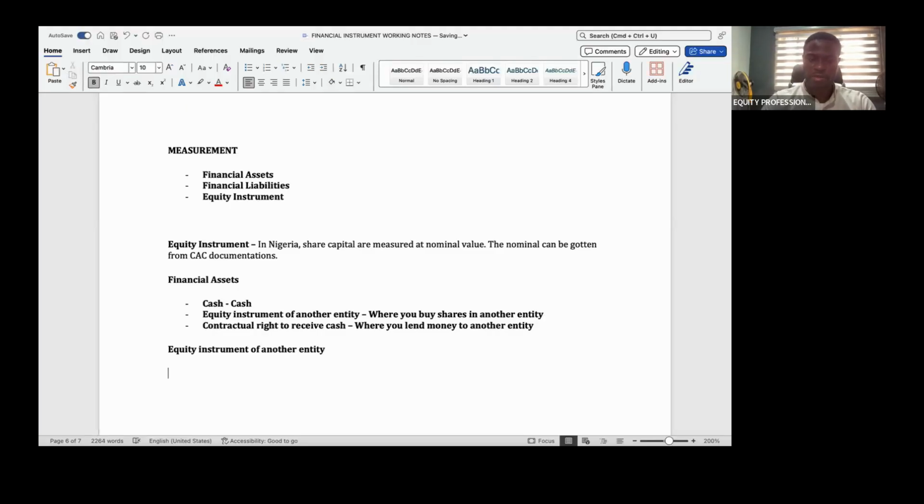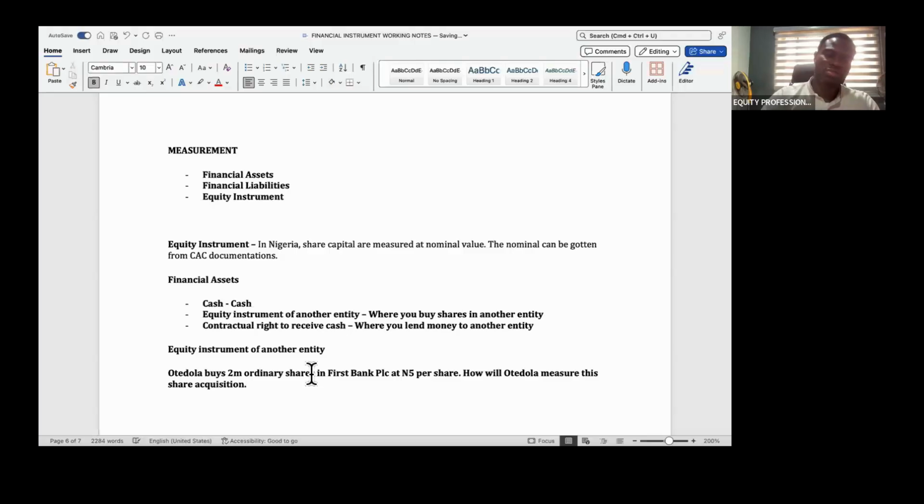So let me use a scenario. Otedola buys 2 million ordinary shares in First Bank PLC at 5 naira per share. How will Otedola measure this share acquisition?